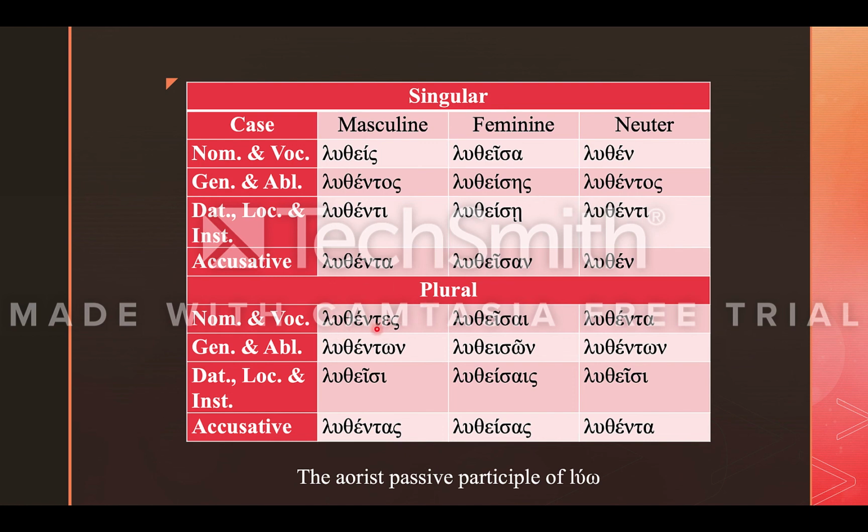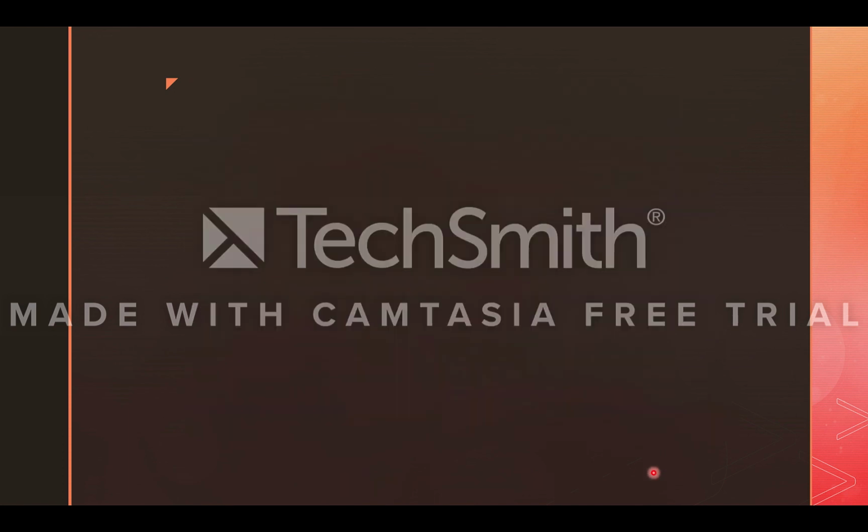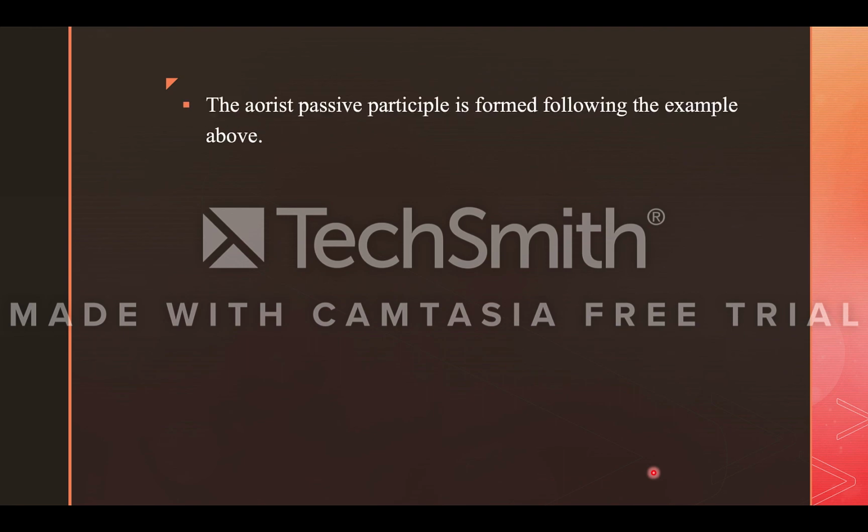In the plural, luthentes, lutheisai, luthenta, luthenton, lutheison, luthenton, lutheisi, lutheisais, lutheisi, luthentas, lutheisas, luthenta. Now, if you look very well, you discover that we have a new letter coming here.